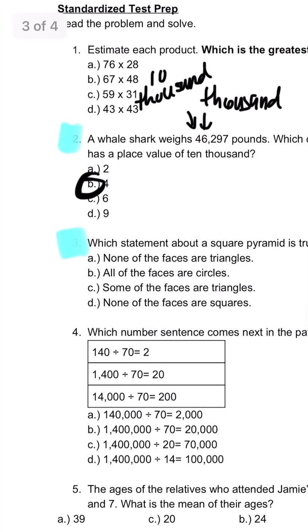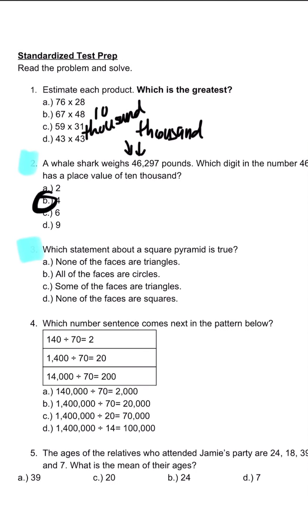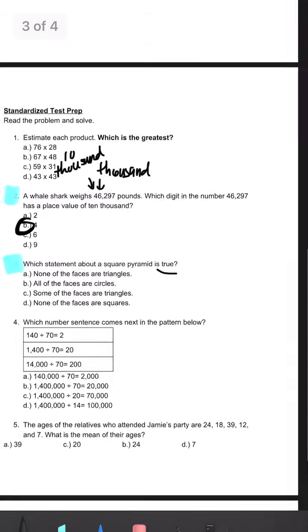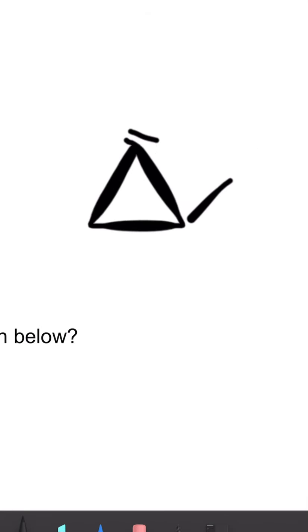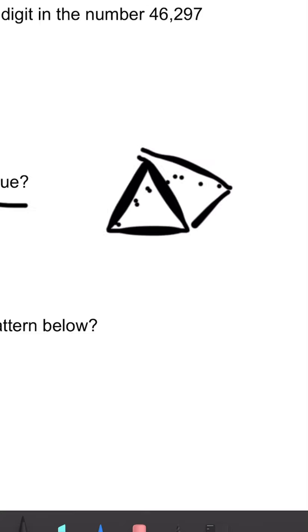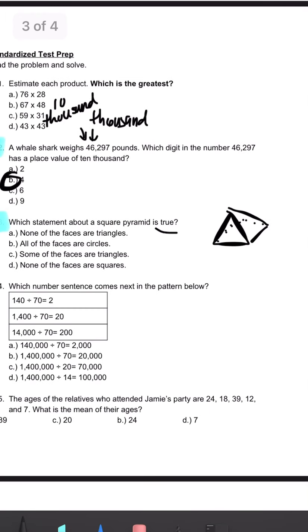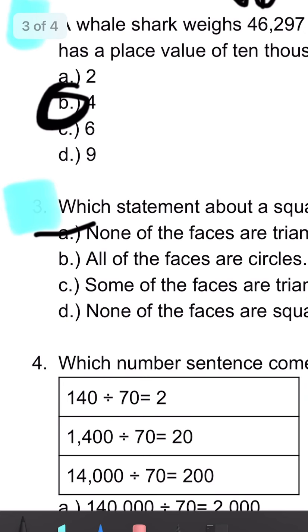Let's try number 3. Which statement about a square pyramid is true? So I'll draw a square pyramid if you don't know what that looks like. The base should be a square. A, none of the faces are triangles. We see a triangle, so we know that that is false.